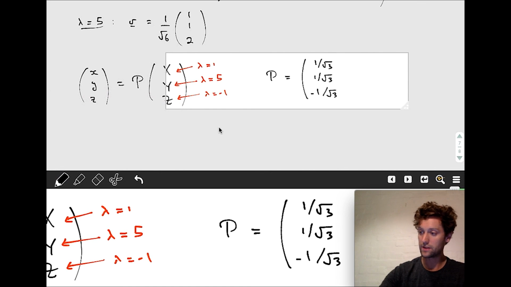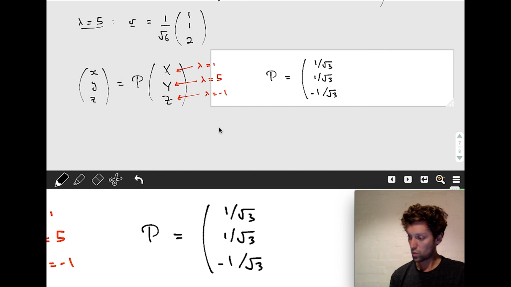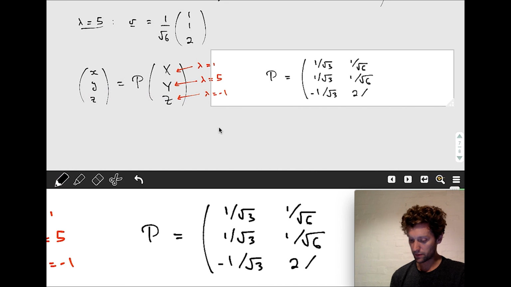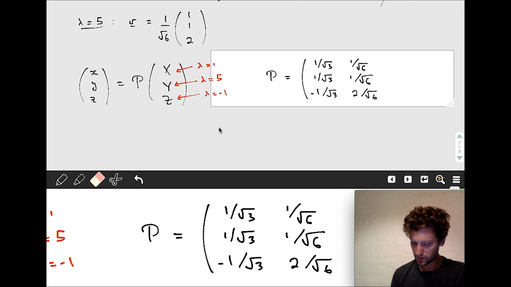Eigenvector corresponding to lambda equals 5, so that was 1 divided by root 6, 1 divided by root 6, and 2 divided by root 6. And the eigenvector corresponding to eigenvalue minus 1. Oh, I got those backwards. So this is the eigenvector corresponding to lambda equals minus 1.